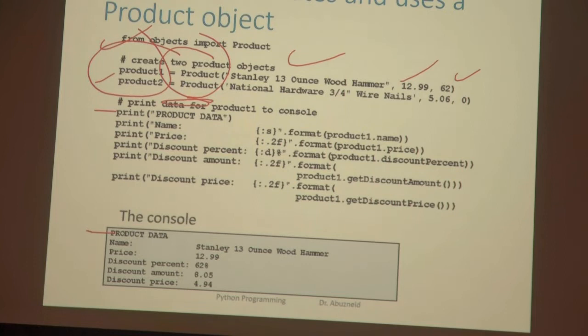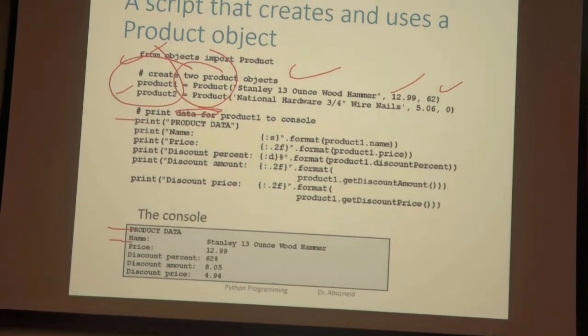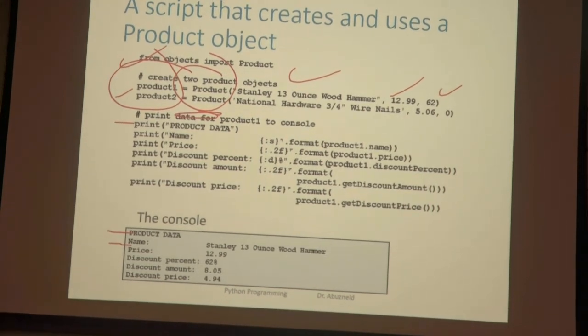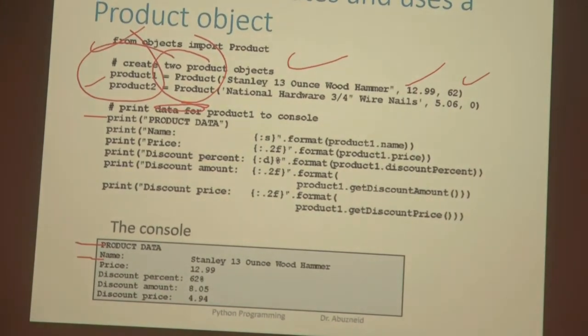Then a print of name colon space, which is in here. And then I'm using the format construct, so I have to substitute a thing in here. I'm putting a string. Where am I getting the string from? From product1.name.